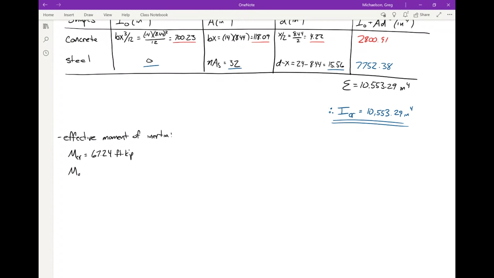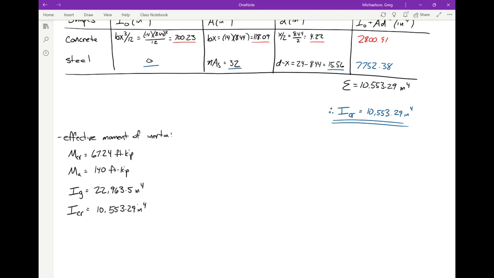We need an MA, which is 140 foot kips that was given to us. We need IG, which is 22,963.5 inches to the fourth. And then our cracked moment of inertia, which is 10,553.29 inches to the fourth.